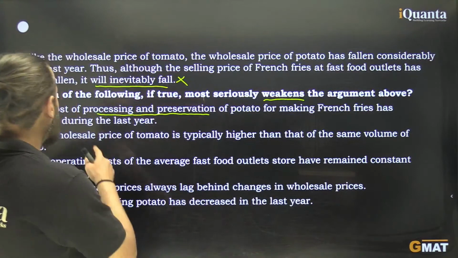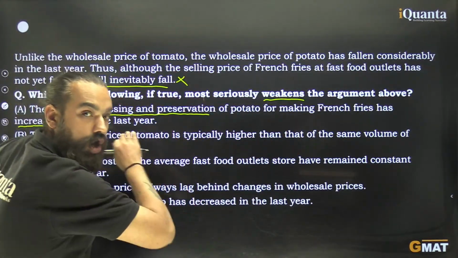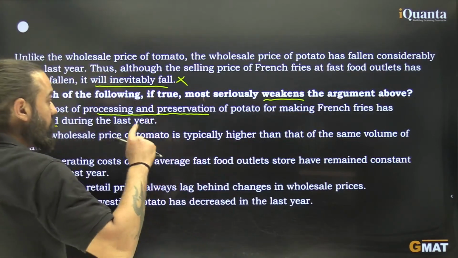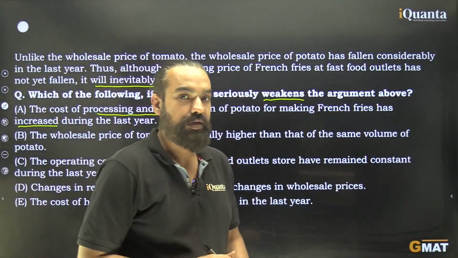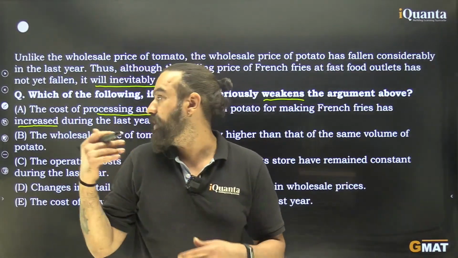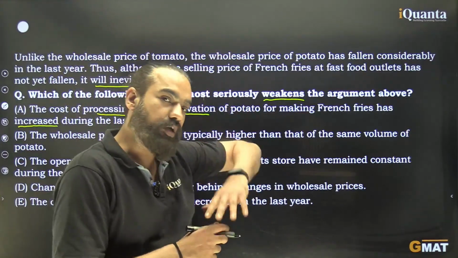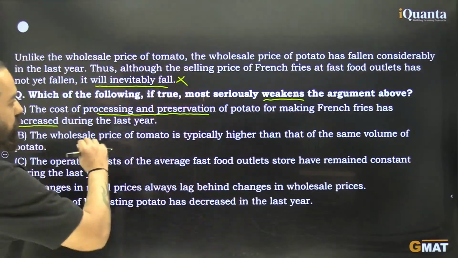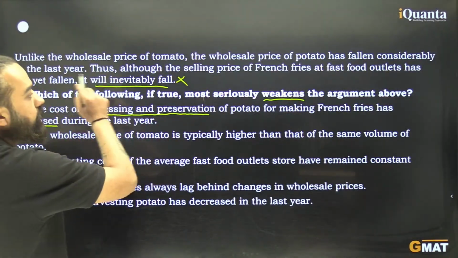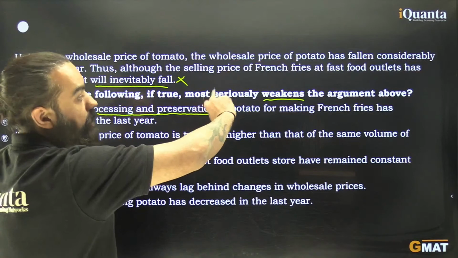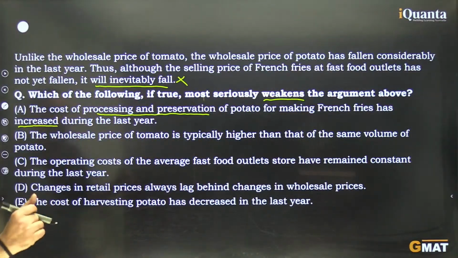Now, if the cost of processing and preservation of potato for making French fries had not increased, the selling price of French fries would have reduced. Yes, if the cost of processing would have stayed constant, the French fries cost would have reduced. So we're stating the opposite of the assumption. We're saying the cost of processing and preservation has increased. Hence, the selling price of French fries will not decrease. Clear? Okay.